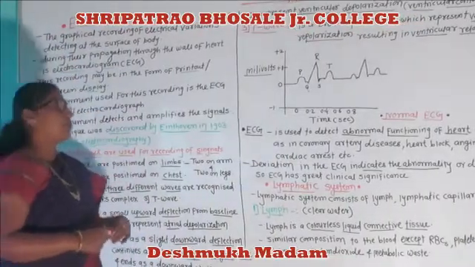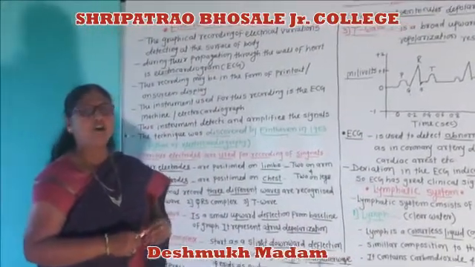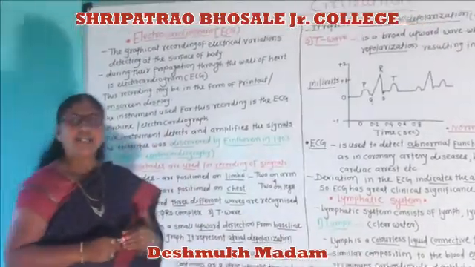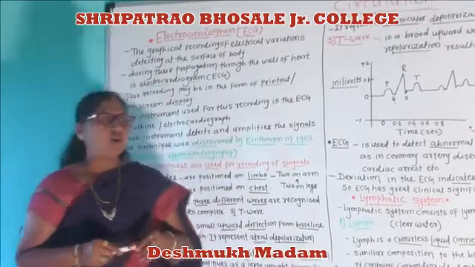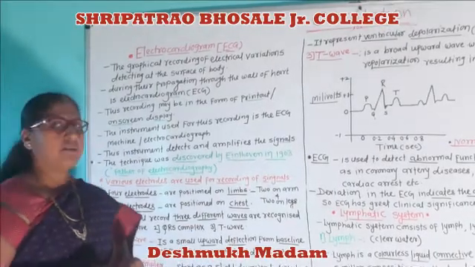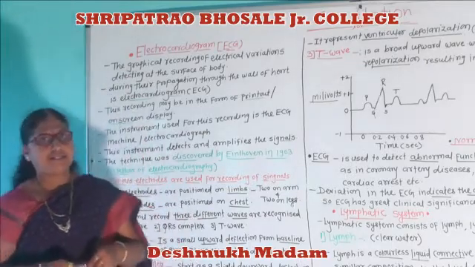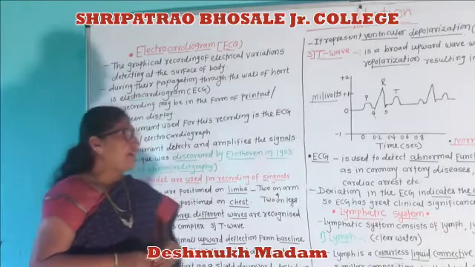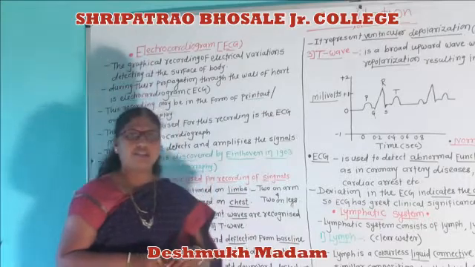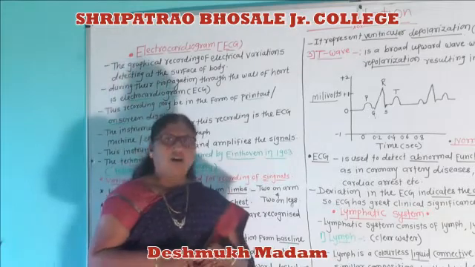The ECG machine is used to detect abnormal functioning of the heart, as in coronary artery disease, heart block, angina pectoris, cardiac arrest, etc. Deviation in the ECG indicates abnormality or disease.